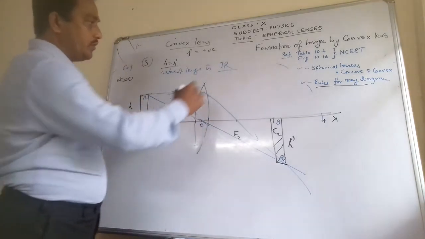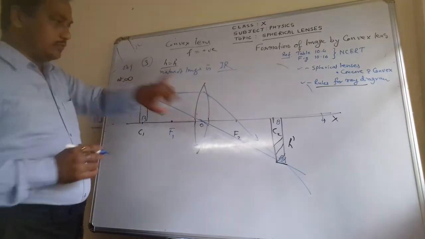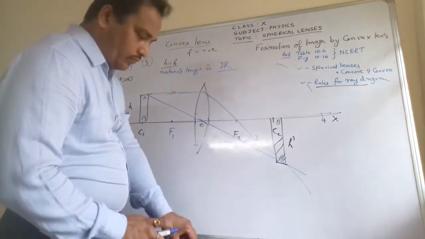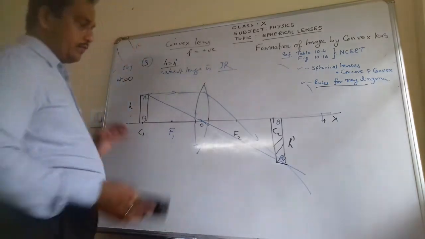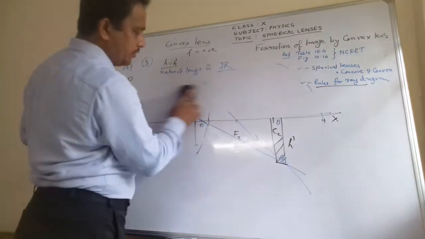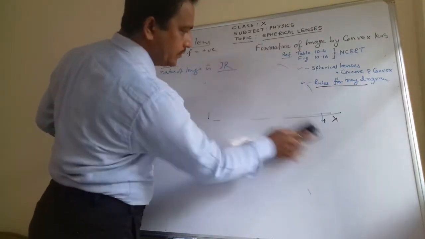Inverted and real, so it is AB, it becomes BA. Now after this we will draw the diagram for the object when it is placed between C and F.